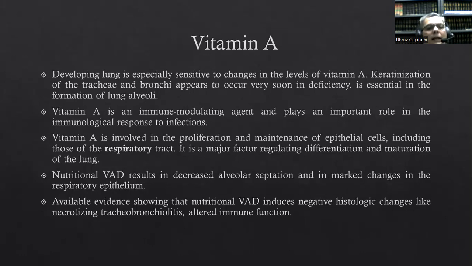Nutritional vitamin A deficiency results in decreased alveolar septation and in marked changes in the respiratory epithelium. Available evidence shows that nutritional vitamin A deficiency induces negative histologic changes like necrotizing tracheobronchiolitis and altered immune function, which can make the patient land up in secondary infections or pneumonias or other lower respiratory tract diseases.